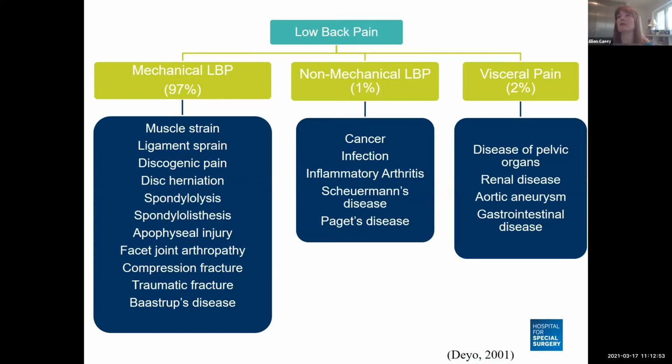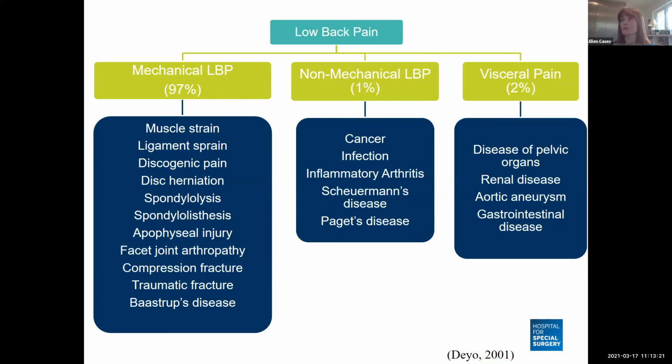So when we think about a broad range of causes for back pain, it's often helpful to put patients in buckets so that you can refine your differential. So in athletes, overwhelmingly, we're going to be talking about mechanical low back pain, but you do need to consider non-mechanical causes, so cancer, infection, and rheumatologic conditions, and certainly visceral organs can refer and mimic spine conditions.